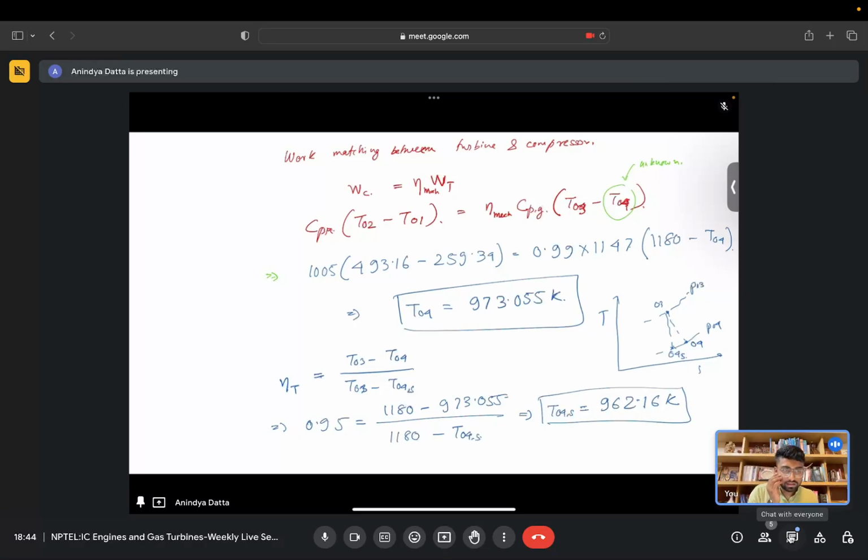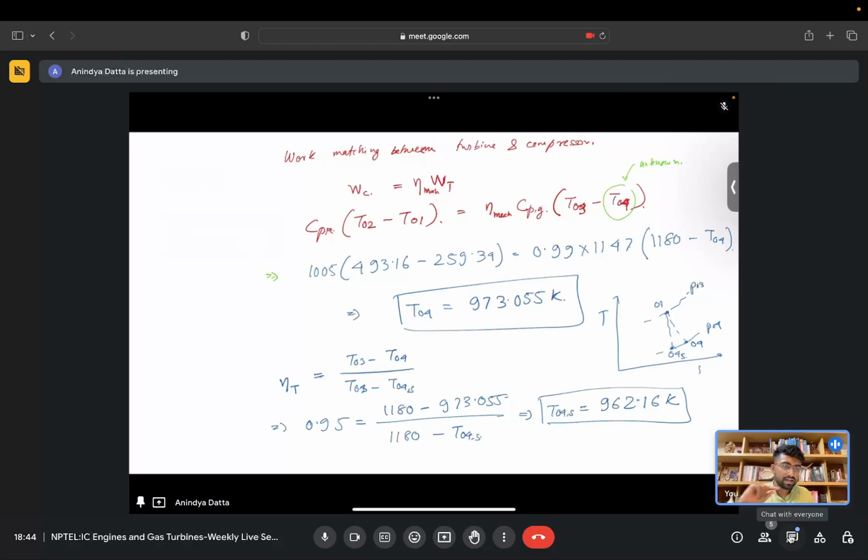So what we did here is find out the temperature at the exit of the turbine if the process was isentropic. Now we know the temperature T03 and T04s.